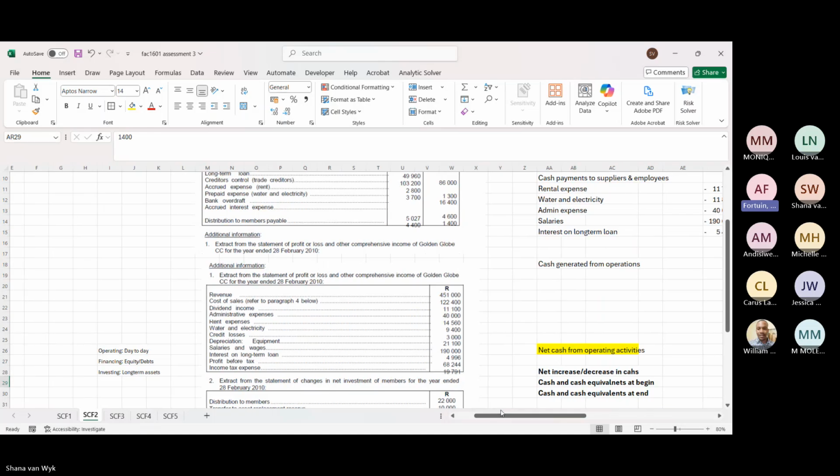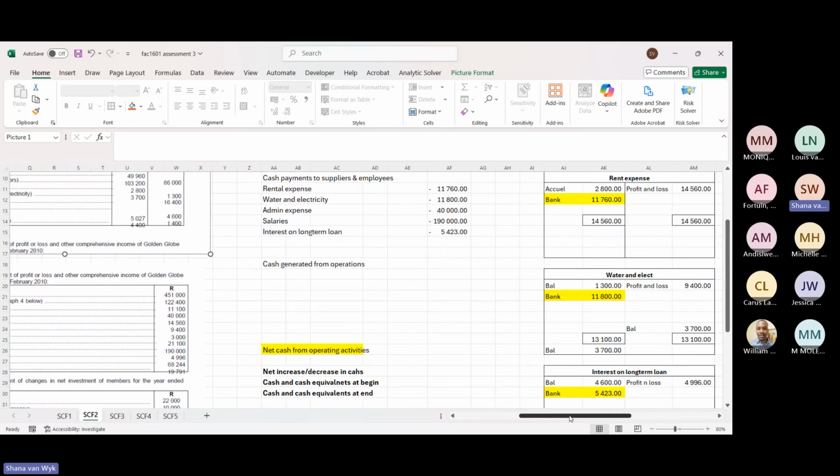Just count those lines properly. You see that distribution to expenses, there's a missing line there. So that 5027 is accrued interest and the 46. You're missing one closing and opening balance there. So that one is accrued expense, interest expense. Oh, this 5027. Correct.